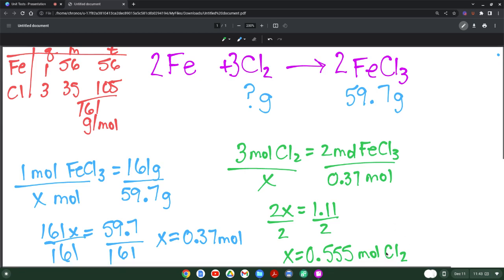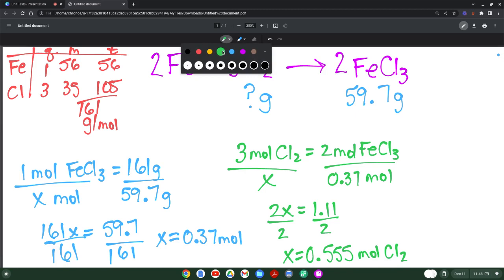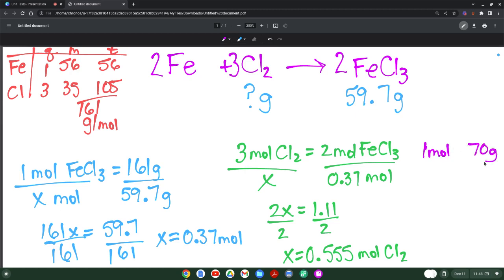Finally, I'm going to take those moles of chlorine and convert them into grams because that's what the question is asking for. I know that 1 mole of chlorine has a mass of 70 grams. Now, it's 70 and not 35 because we're working with diatomic chlorine.